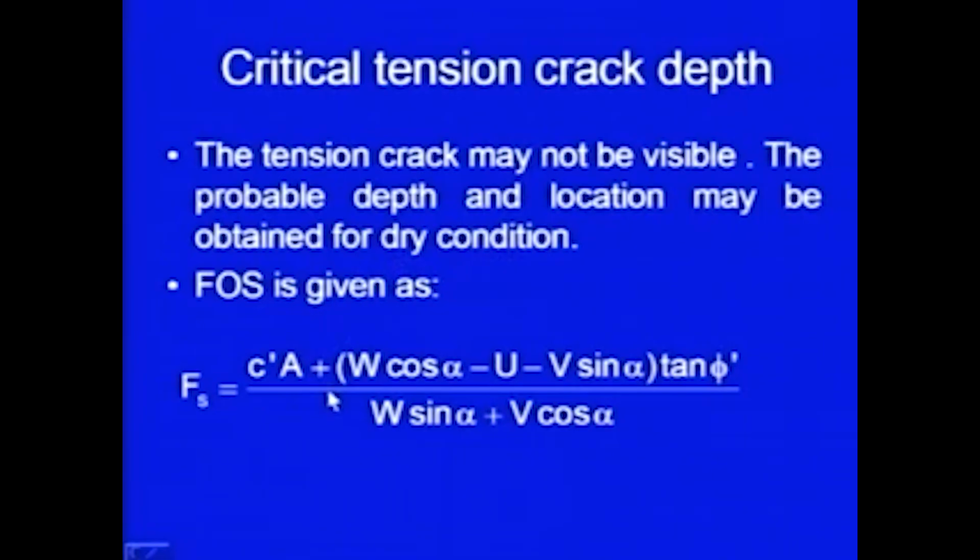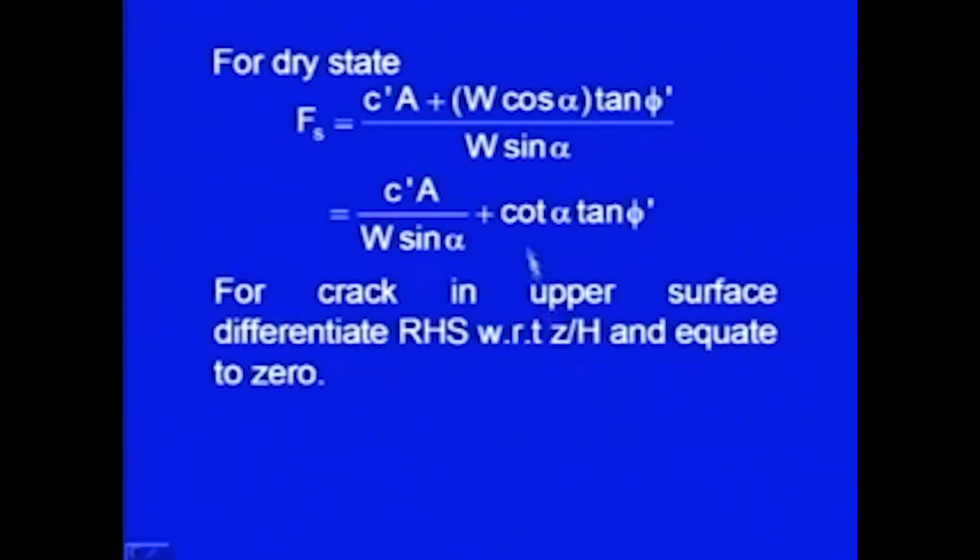So, this is the factor of safety expression F s in terms of these parameters, and for dry case F s becomes C dash A plus W cos alpha tan phi dash upon W sin of alpha. So, all the u and v components become 0.